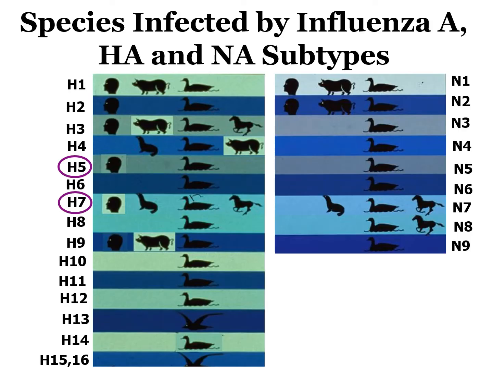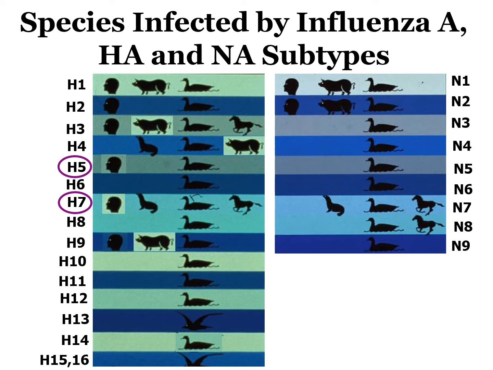This figure represents the different subtypes of hemagglutinin and neuraminidase which are present in influenza A virus. As we're going to see in a minute, the nomenclature of influenza A includes the hemagglutinin and neuraminidase numbering.